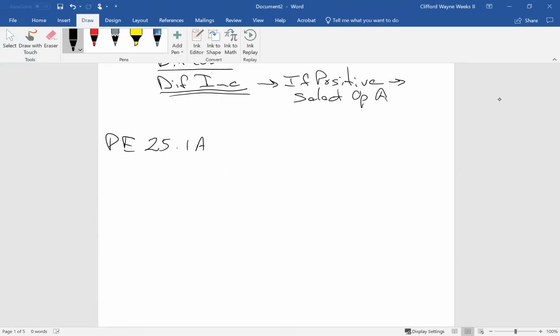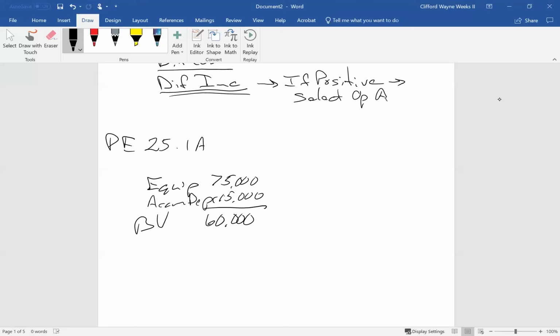So we have equipment, 75,000, accumulated depreciation was 15, which gives us a book value of $60,000. We have this asset that's valued on our books for $60,000.